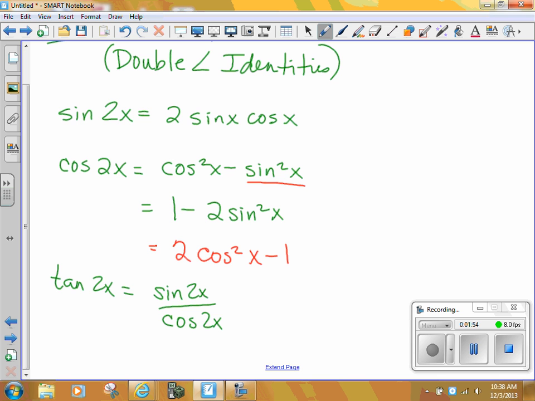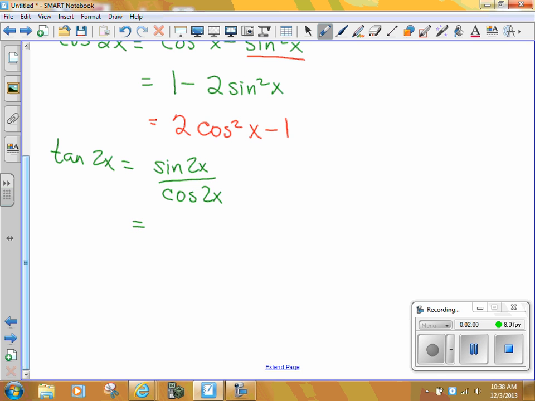If you just have a problem that says, find the tangent of 2x, then you're going to want to use this formula, which is a bunch of junk: 2 tangent x over 1 minus tangent squared x.